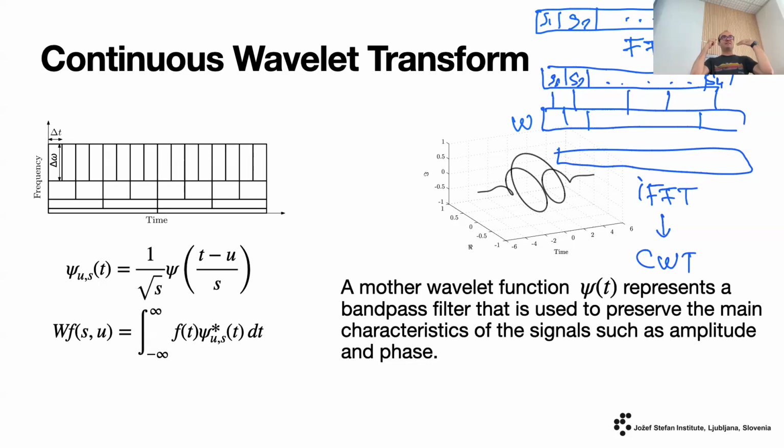So let's see the complexity of this approach. Fast Fourier transform has complexity n log n, and inverse Fourier transform has complexity n log n. If you are not familiar with complexity of algorithms, it shows us how many operations a computer should do in order to perform that operation.